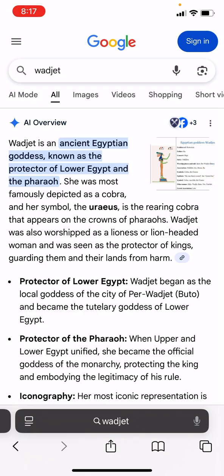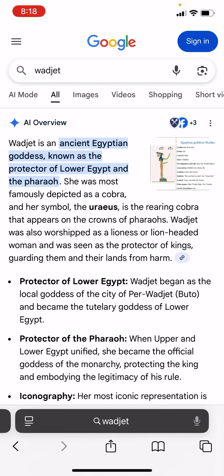So as we can see, she is the uraeus as well. You can also see that she was worshipped as a lioness, right? Didn't we just see out of our peripheral Inanna symbol being a lion?